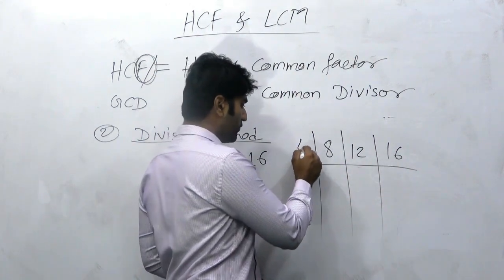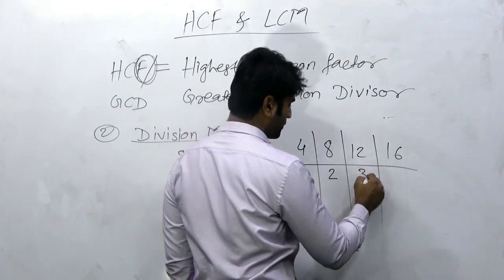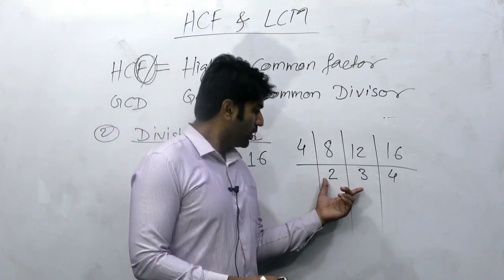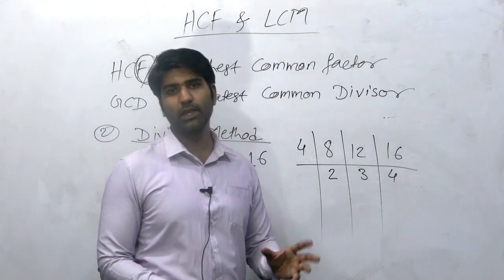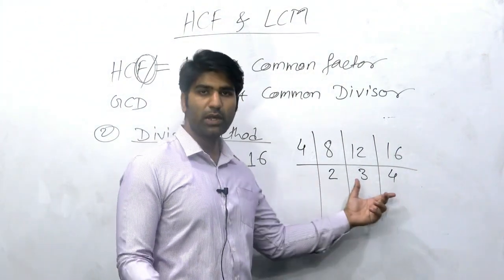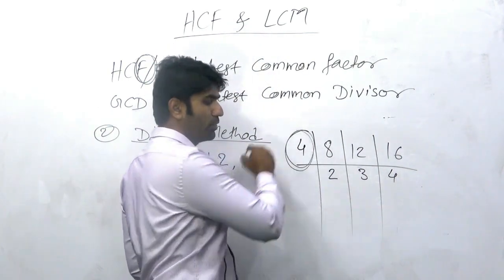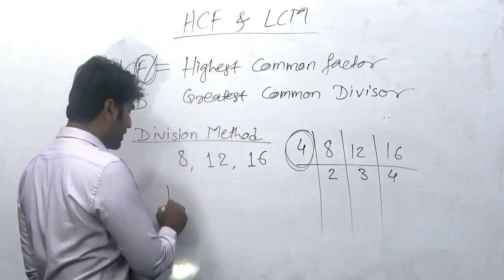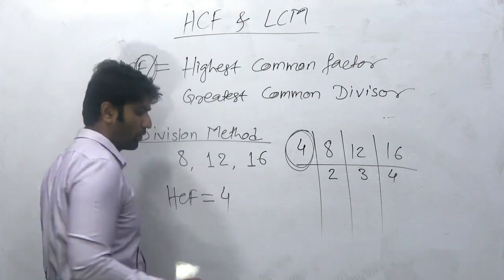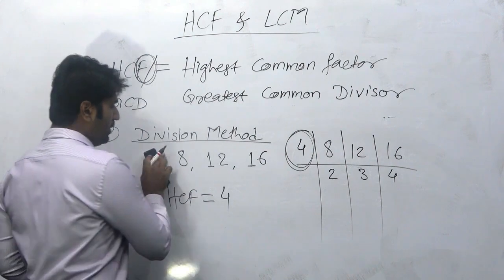After dividing, the numbers are 2, 3, 4. Now 2, 3, 4 cannot be divided by a common number. Therefore we have only one common factor, which is 4, and the HCF of these three numbers is 4. Let's take another example.